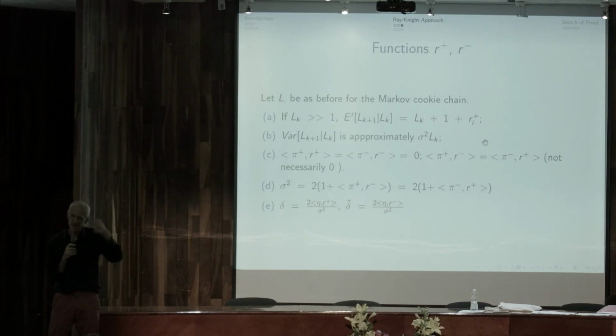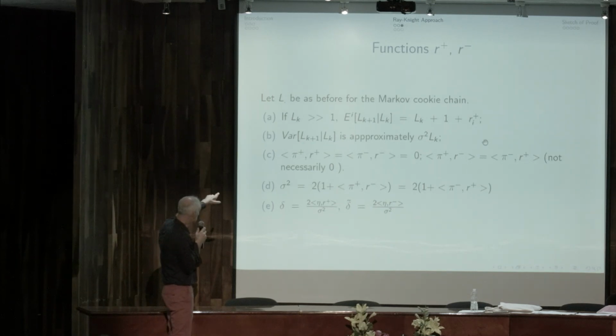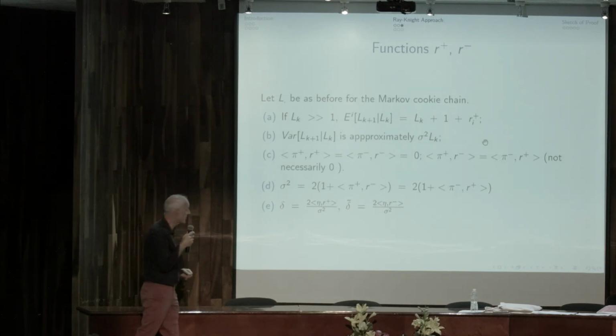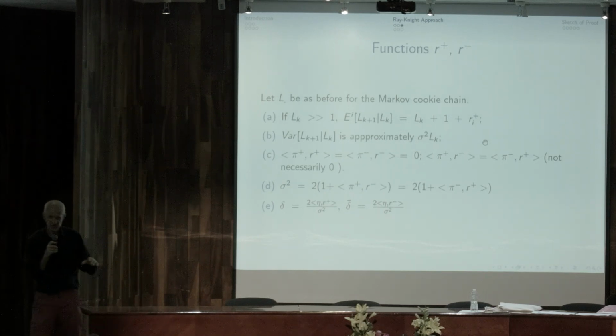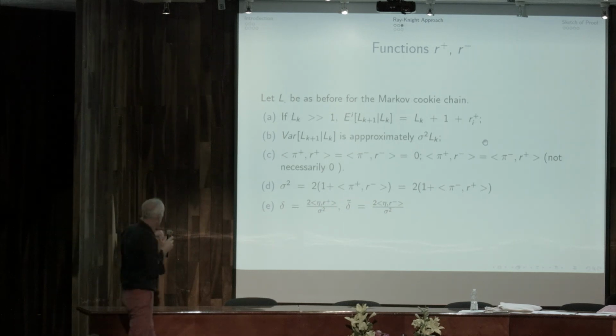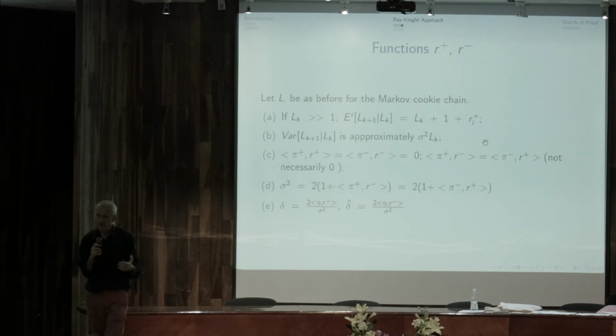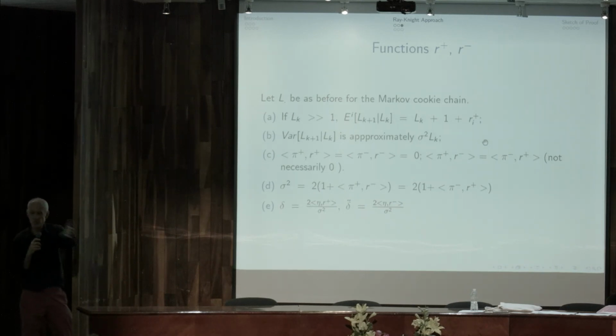So that will tell you that the limit exists. Okay, we also can show that the variance of L_{k+1} given L_k is approximately sigma squared L_k. The first cookie doesn't matter in this, and that's not a surprise. And that actually turns out to be, using the Bedevin-Singh argument, enough to tell you whether you can move off and explode to the right or not.